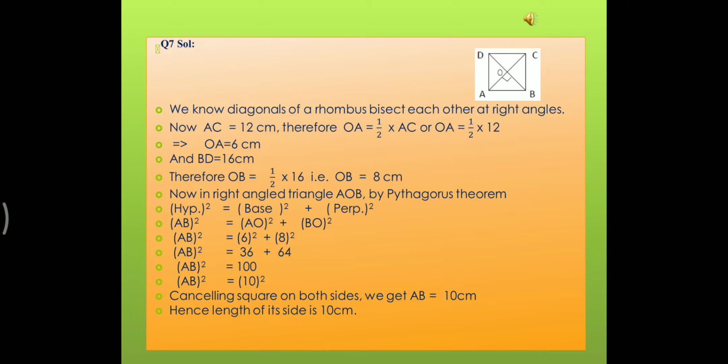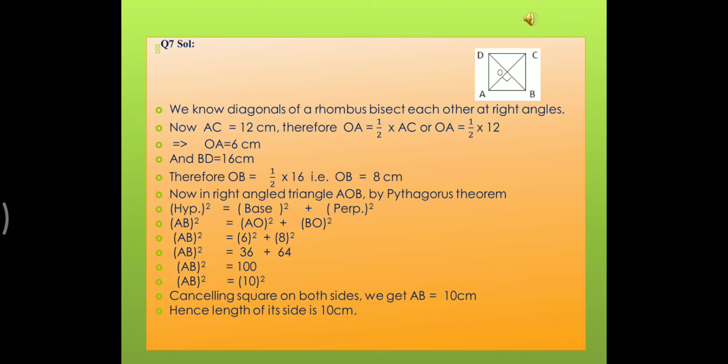AB square is equal to 6 square plus 8 square, as we have put out the value above, OA is equal to 6 centimeter and OB is equal to 8 centimeter. That implies AB square is equal to 36 plus 64.